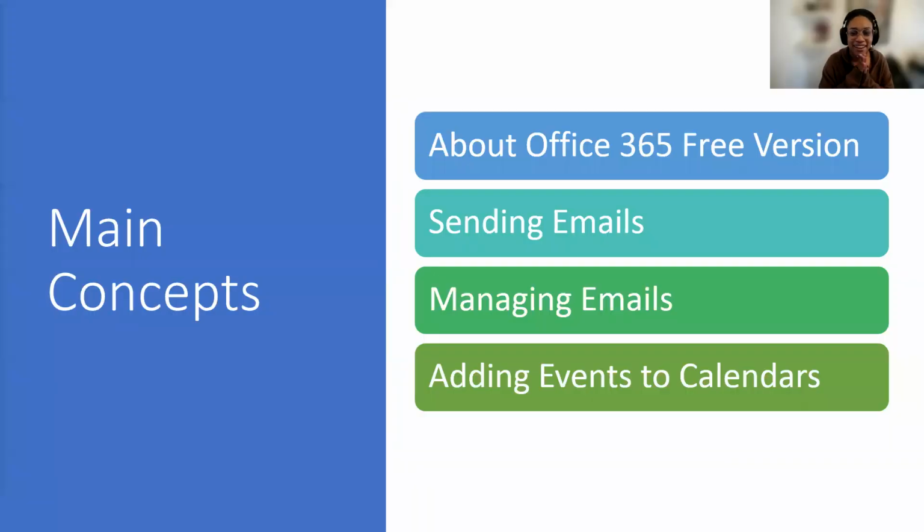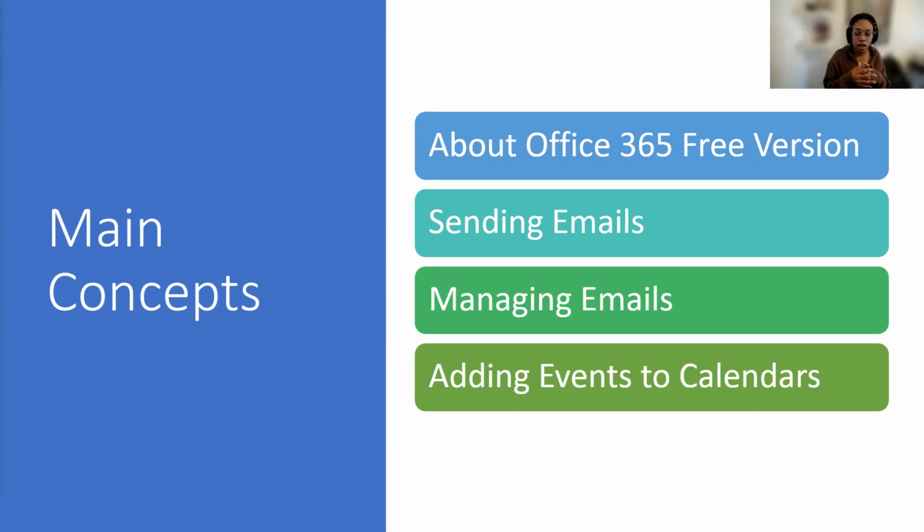So let's jump in and talk about main concepts. First, we'll talk about the version of Office we're going to be using for this whole month. It's a totally free web-based version, so we'll get more into Office 365. Then we'll talk about using Outlook for email, and we'll have demonstrations specifically surrounding sending emails and managing the emails that you receive.